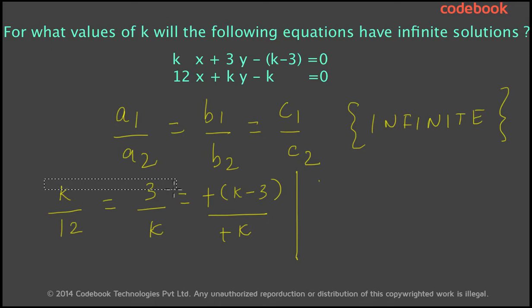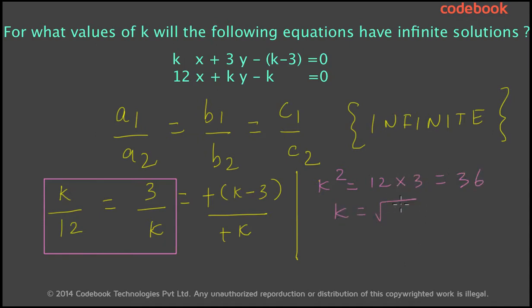Let's consider the first one, which is K by 12 is equal to 3 by K. That means K times K, so K square, is 12 times 3, which is nothing but 36. So K is equal to the square root of 36, which is plus or minus 6. So K can have a value of plus or minus 6.